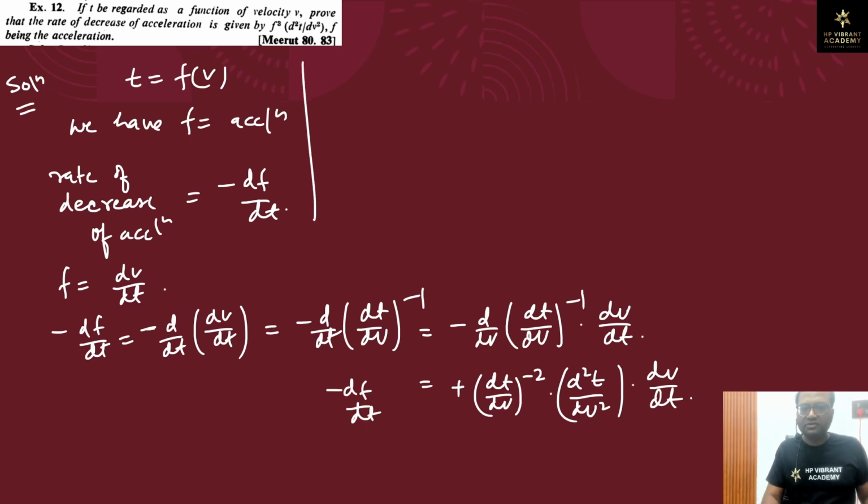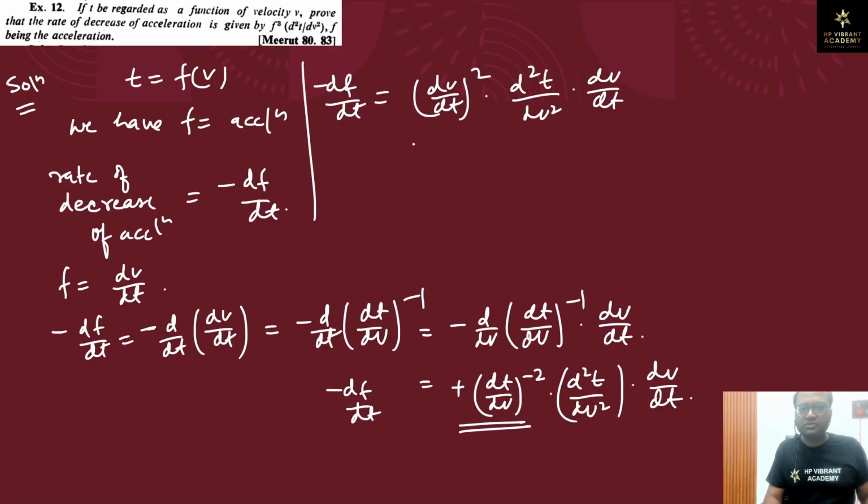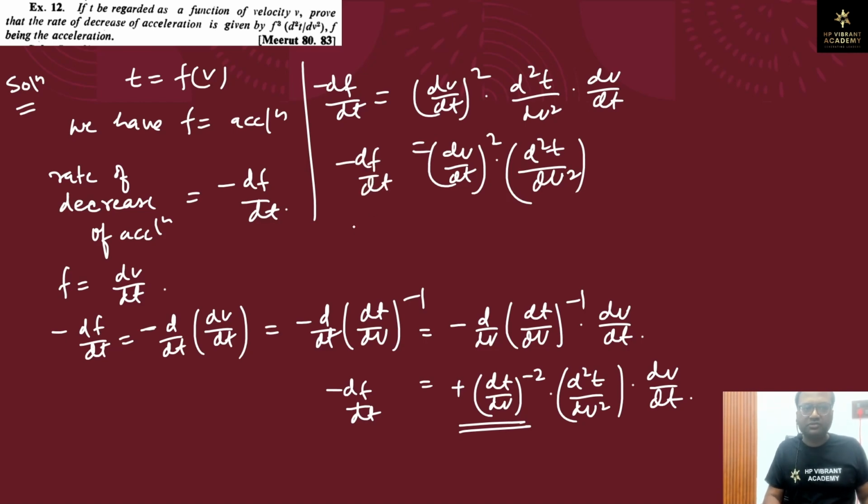So we have minus df upon dt is equal to (dv upon dt) whole square into d2t upon dv square into dv upon dt. So this is equal to the rate of decrease of acceleration.